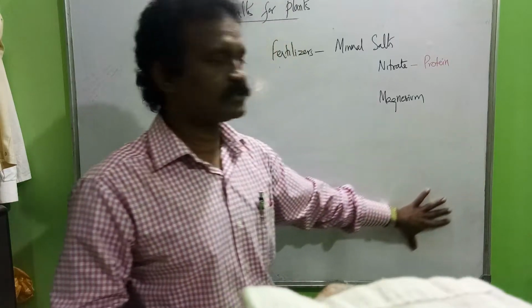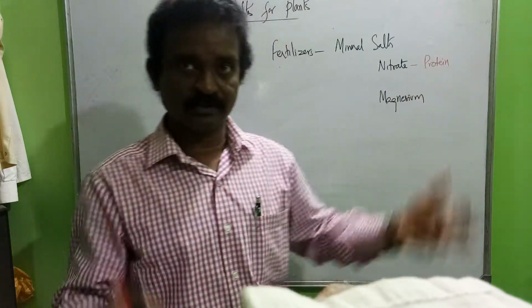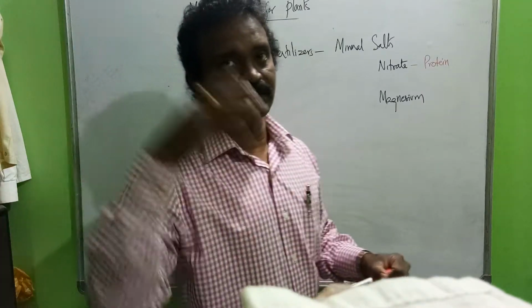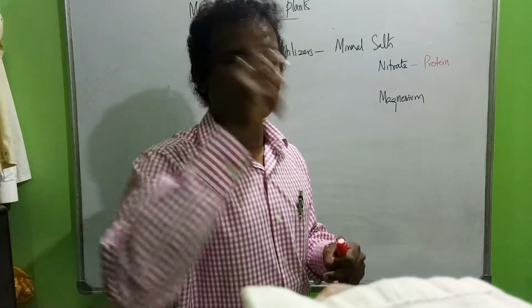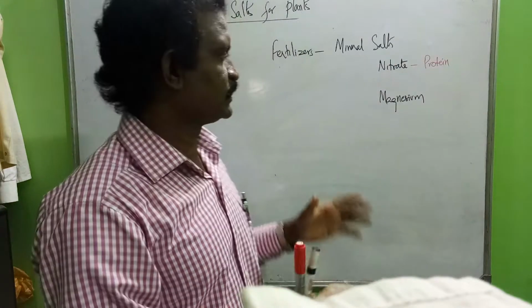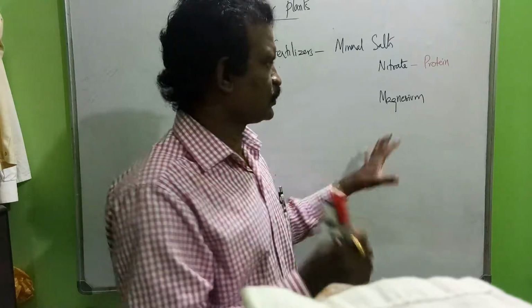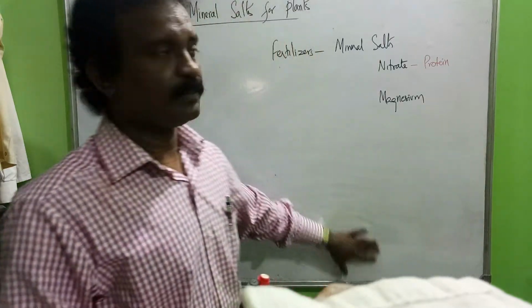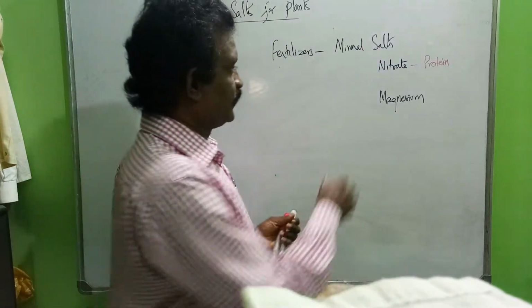In Karnataka you can grow more sugarcane, and in Andhra they grow more groundnuts. The climatic conditions, the soil and the mineral salts are very important for the plants to grow.